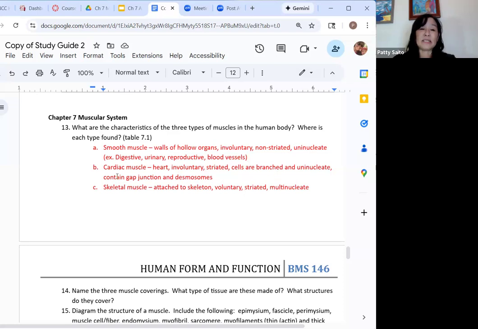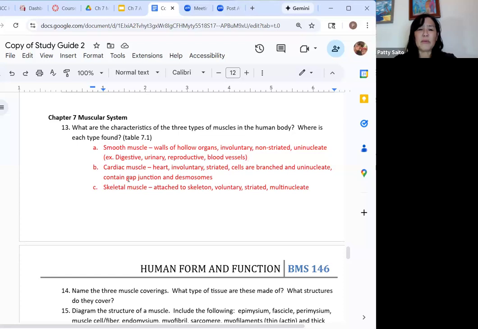Cardiac muscle has what we call gap junctions and desmosomes. We talked a little bit about that in tissues, right? These are connections between cells. And so the gap junction has a passageway between cells and allows materials to pass quickly across.